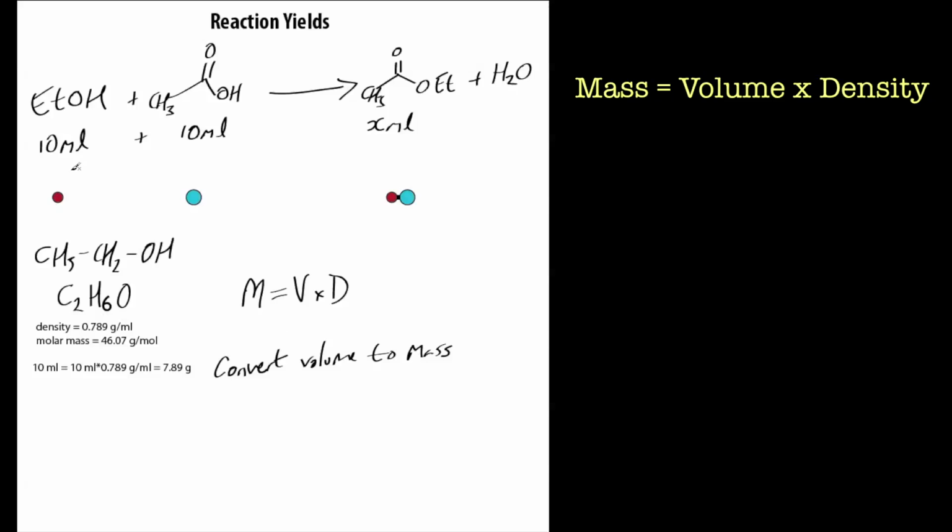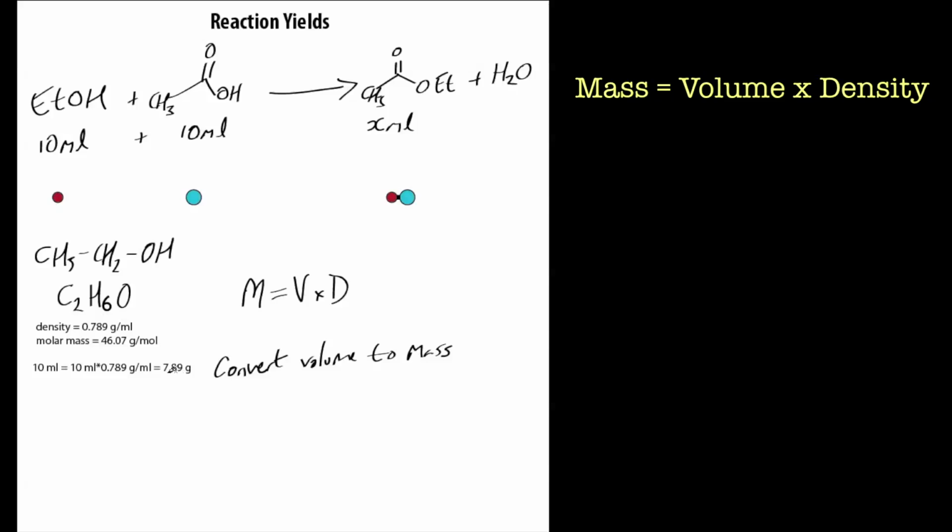Okay, so we knew the volume was 10 mils, and all we need to do is convert the volume to mass using the density. So the volume is 10 mils times 0.789 grams per mil. This is a known value which you can look up, and that should give you how much that should actually weigh if you weighed out 10 mils of ethanol.